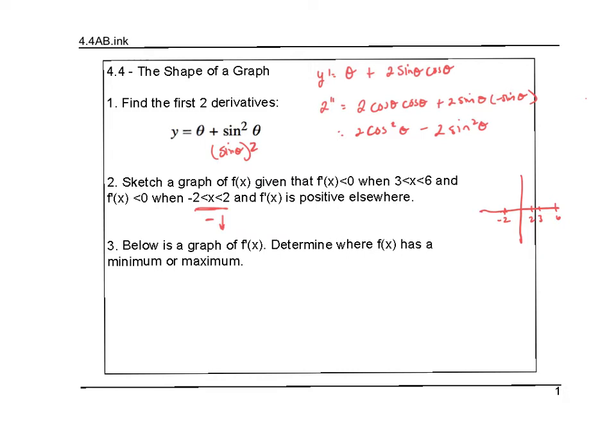So I must cross over at -2 and at +2, meaning I have to have maxes or mins there.